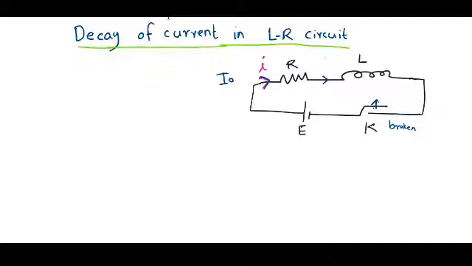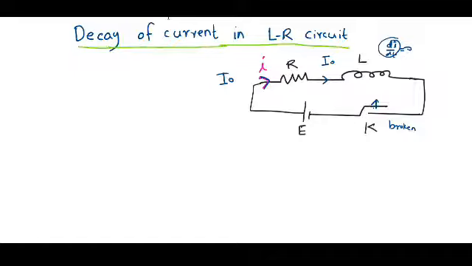When steady current flows through the circuit, no EMF will be induced across the inductor because di by dt is equal to 0, since the current was not time varying, it was a steady one. But when the circuit is broken, the current starts to decrease. There will be a change in the value of the current with respect to time.